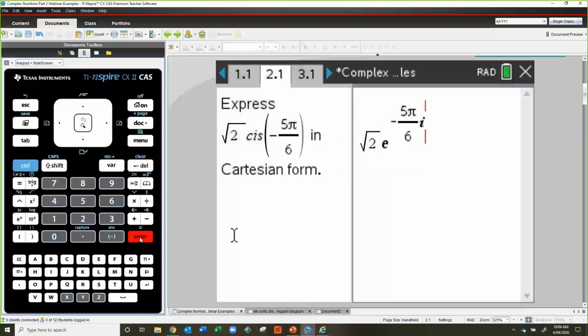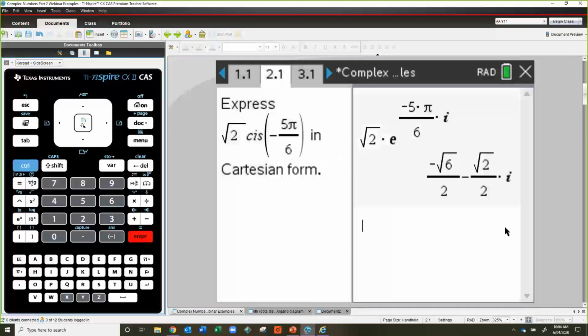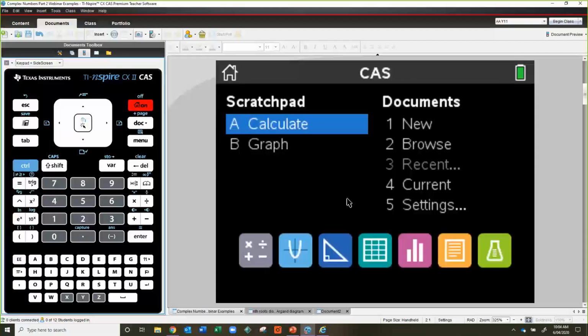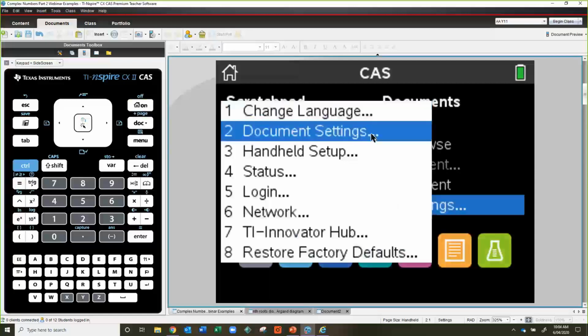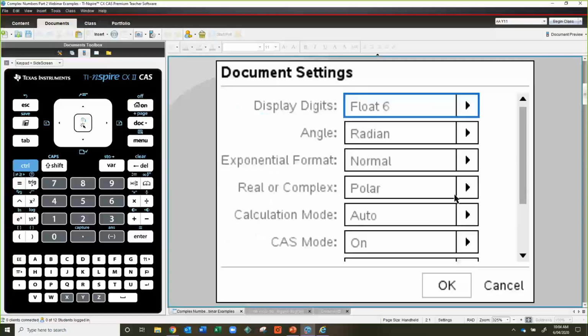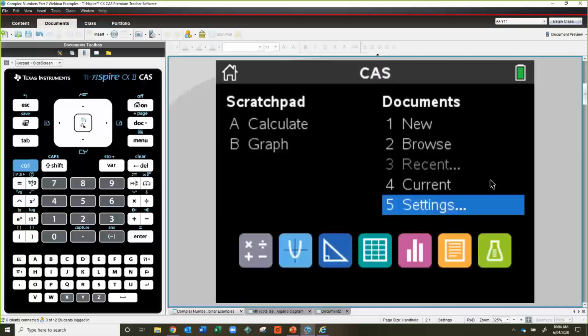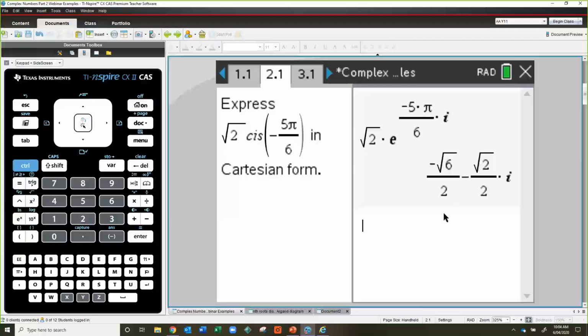If I press enter, the calculator automatically converts it to Cartesian form. Why is it so? Because in our document settings, if we are automatically in a particular form, that's what it will do. So that is the Cartesian form of this number expressed in polar form.